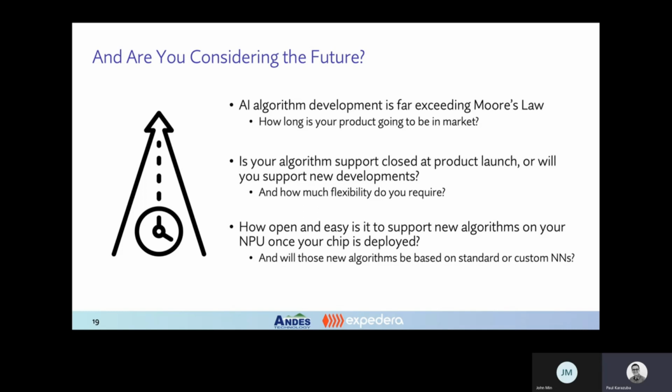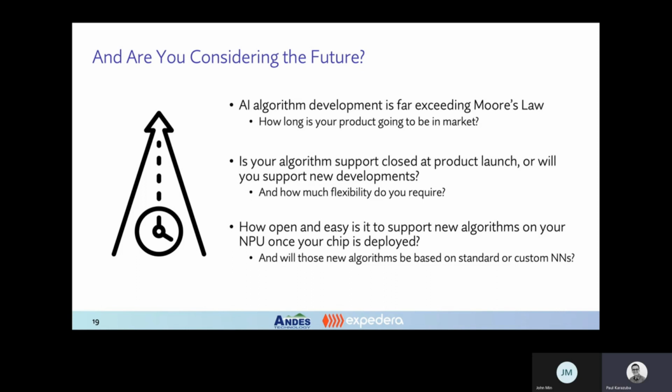So a question you need to ask yourself is, how long is your product actually going to be in the market? Is your algorithm support closed at product launch? Or are you going to support new algorithms when your product is already out in the field? And how much flexibility do you require?